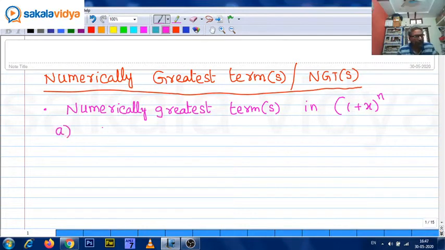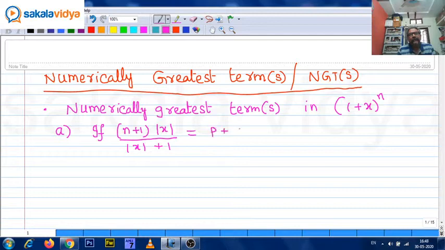First case, say A: first find this value, (n + 1)|x| upon (|x| + 1). Modulus of x, because for the numerically greatest term, sign is not the criterion.